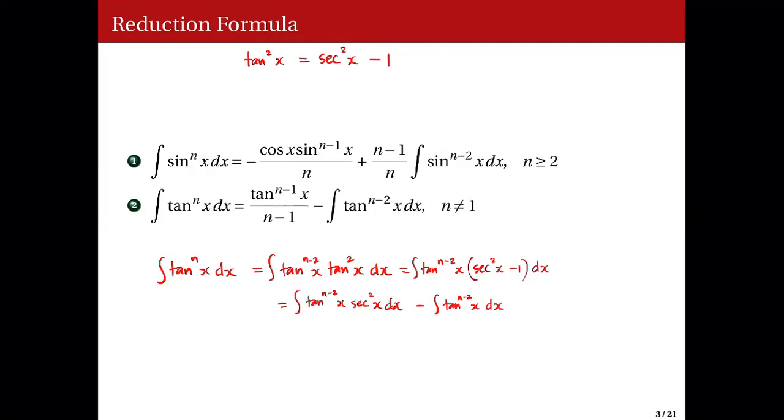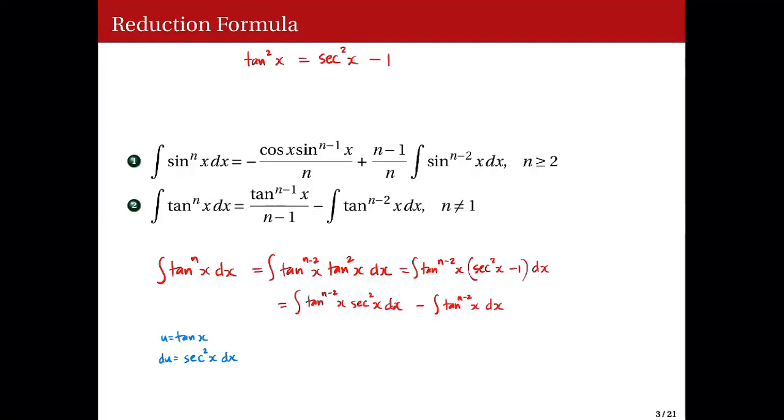And then for this, all we need to do is integrate by parts. Actually, not integrate by parts. We'll just do a substitution rule. We can let u be equal to tangent of x, and then du is secant squared x dx.